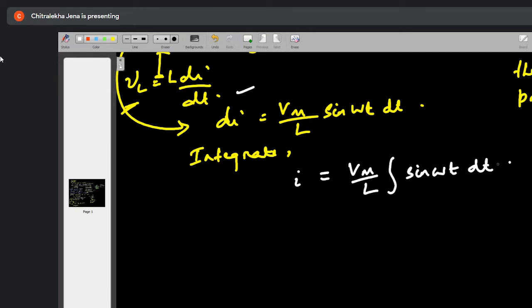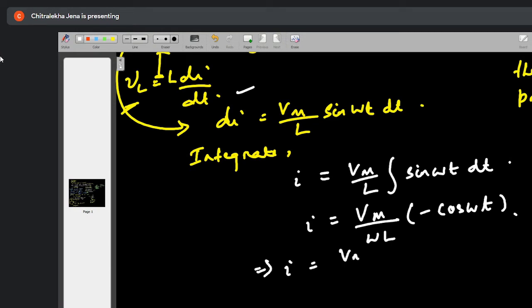Integration of sin omega t dt will be equal to Vm divided by omega L minus cos omega t. So this implies I is equal to Vm by omega L minus cos omega t. We can write this as sine omega t minus pi by 2.